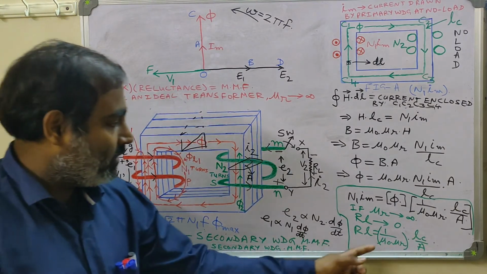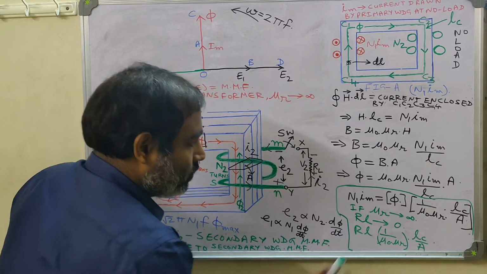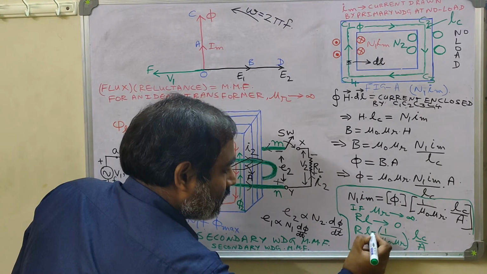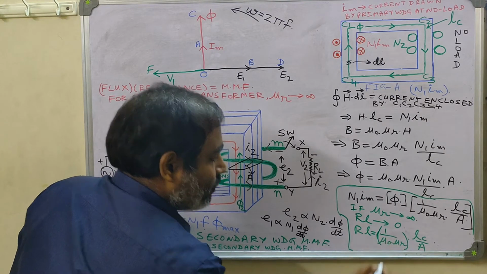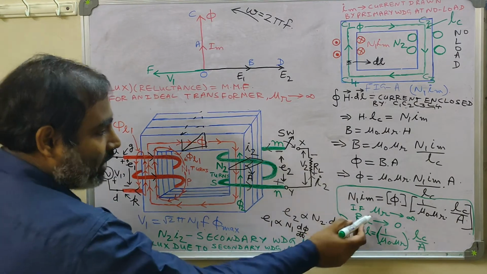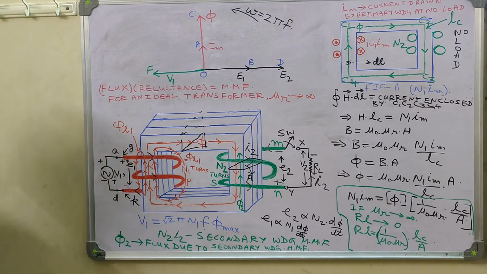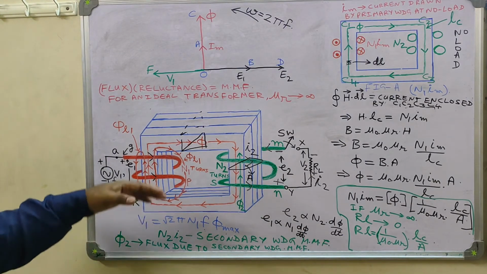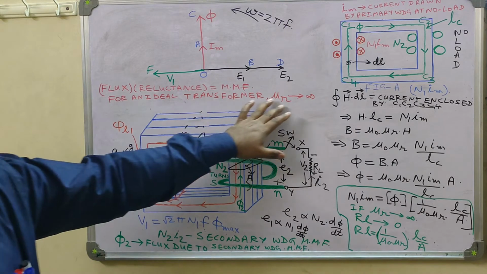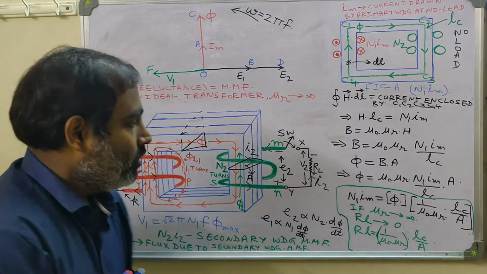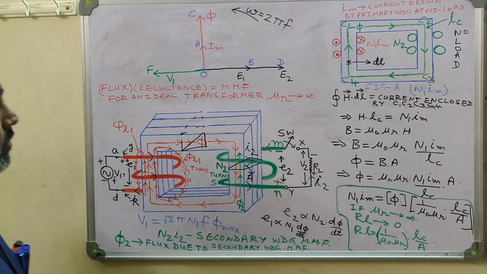So if mu r tends to infinity, the assumption which is made in some textbooks for an ideal transformer, that the relative permeability of the magnetic material from which the magnetic core is built, that is mu r, tends to infinity, then reluctance tends to 0, then this N1 Im also tends to 0.